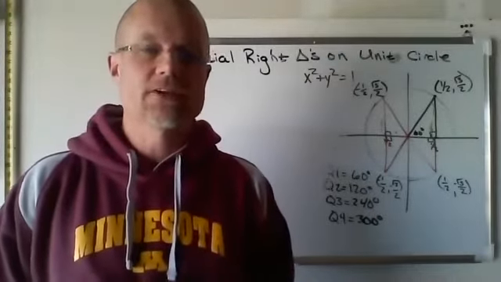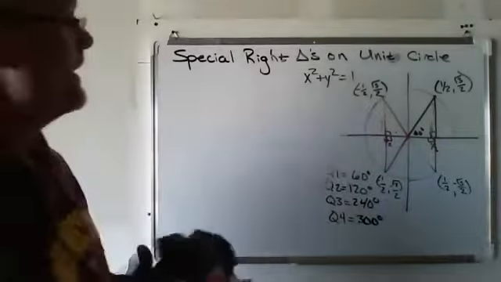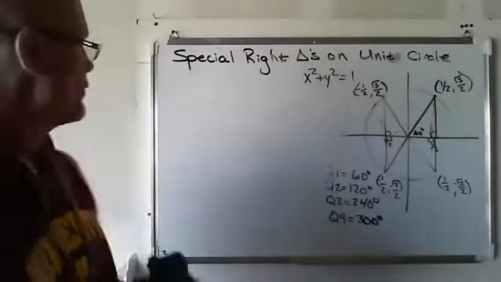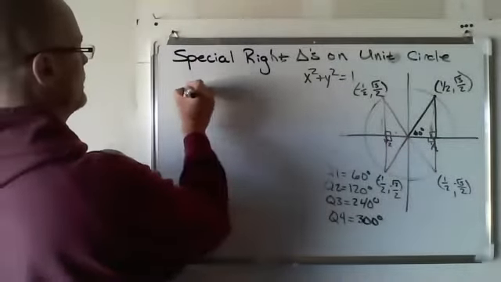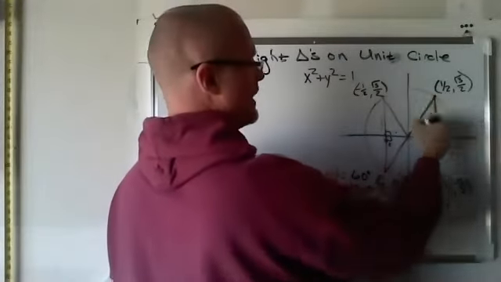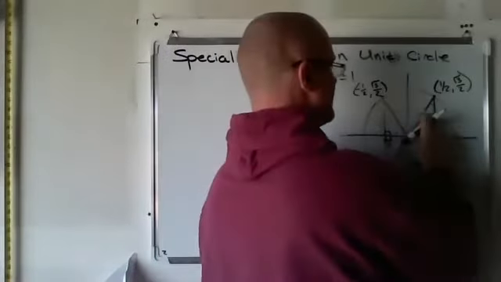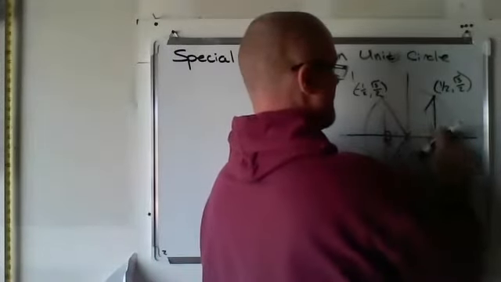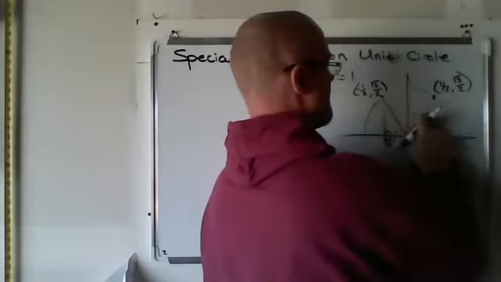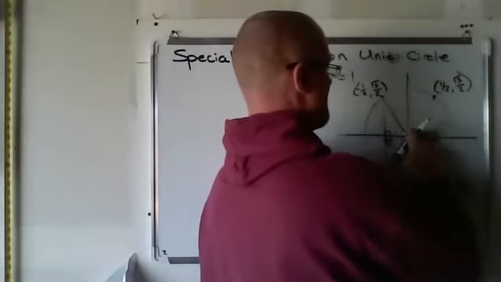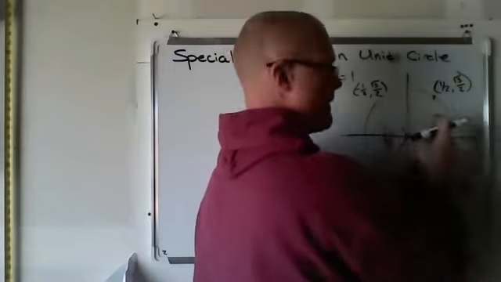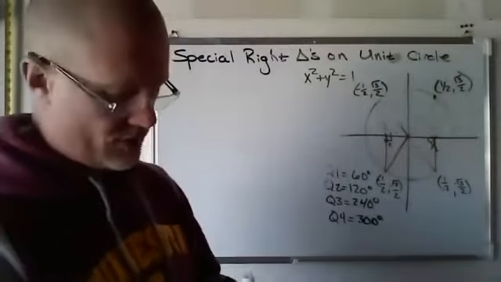I'm just going to turn this triangle on its side, and we're going to talk about the 30-degree family. I can see it's going to be faster this way.